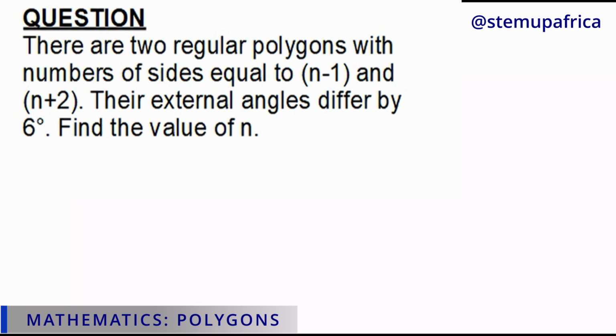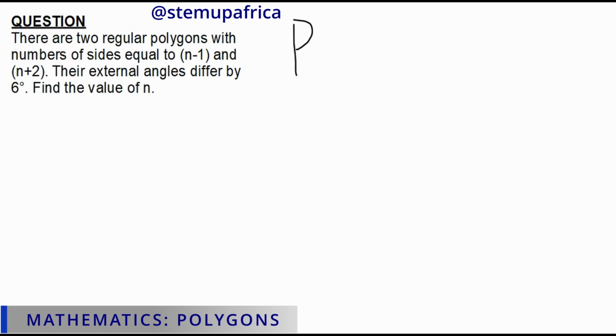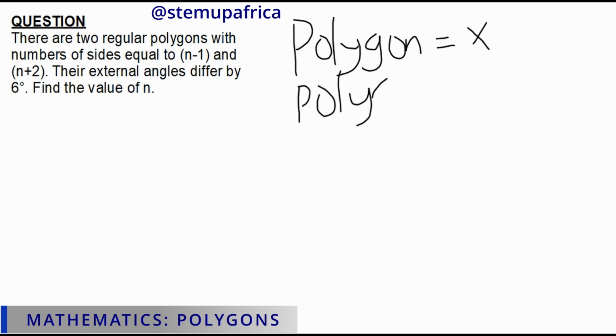Let's call the first polygon X. Second polygon, let's call the second polygon Y, for instance. So we don't know who the polygons are.